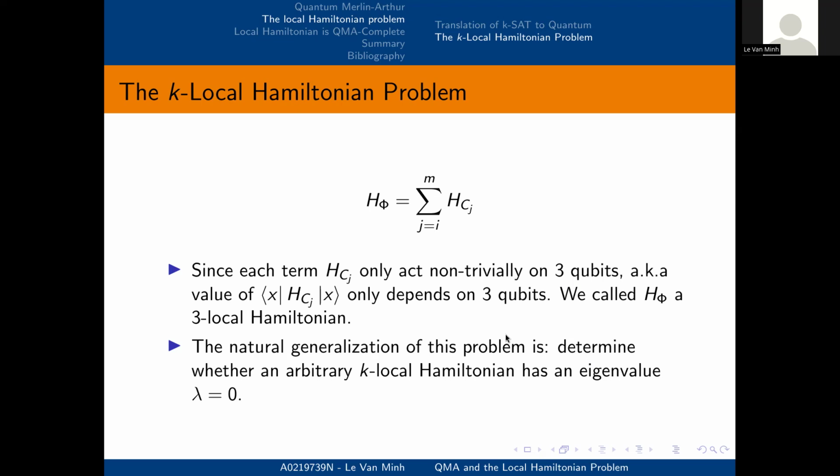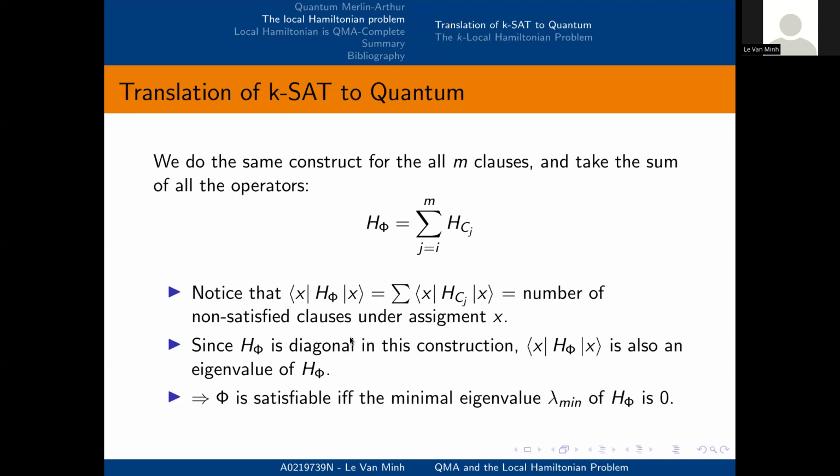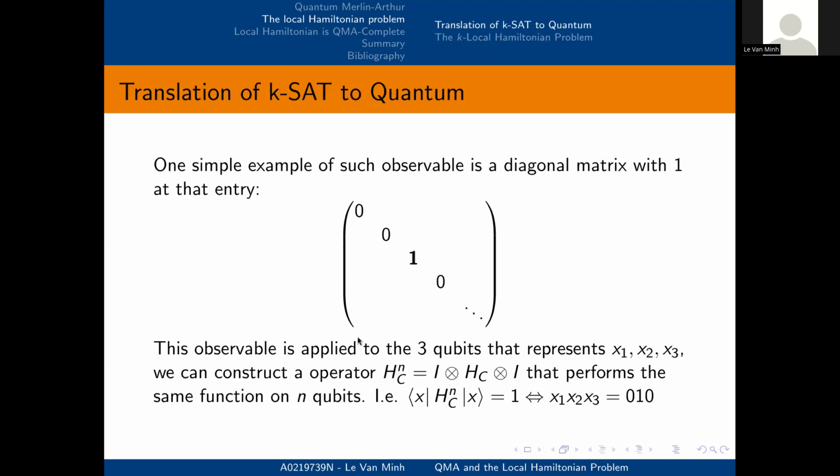The natural generalization of the problem is to determine whether an arbitrary k-local Hamiltonian has an eigenvalue of 0. Note that we constructed H_φ as an equivalent of k-SAT using diagonal matrices as the terms of H_φ.